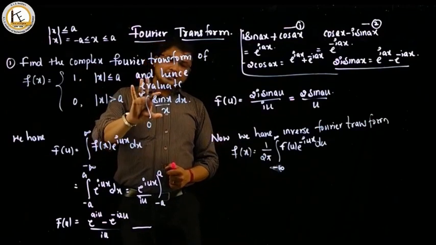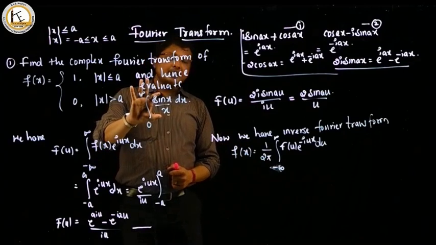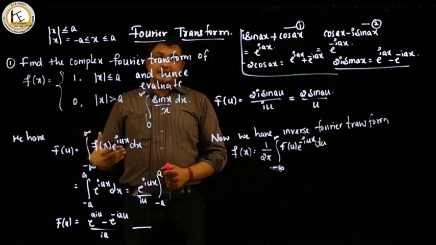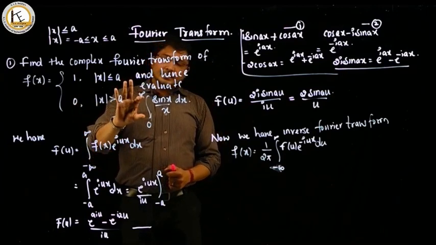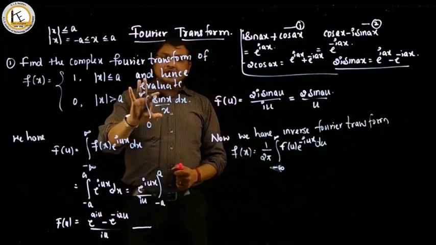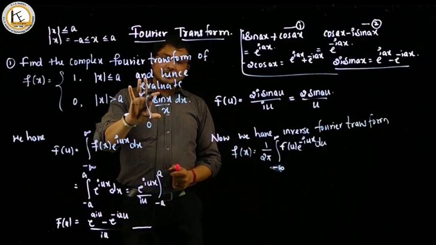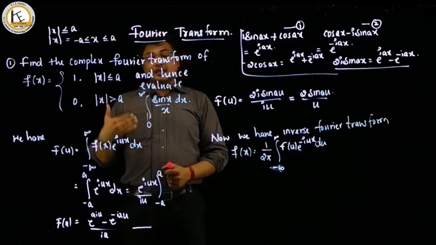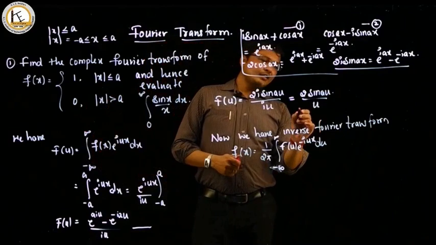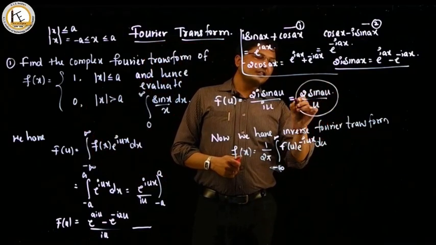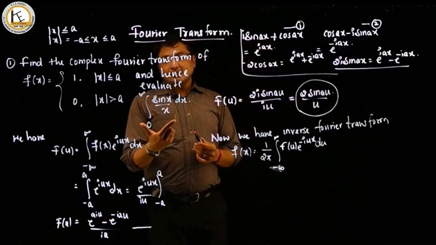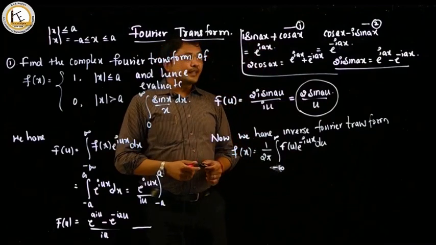Here we have sine x upon x in the second part, therefore we can expect the answer from the first part to resemble this. Maybe some constants will be there, but there should be an expression of the form sine x upon x in the answer of the first part.